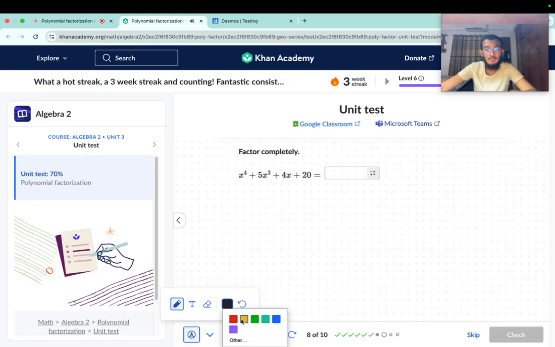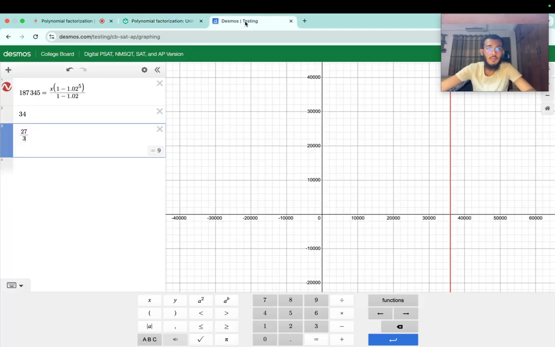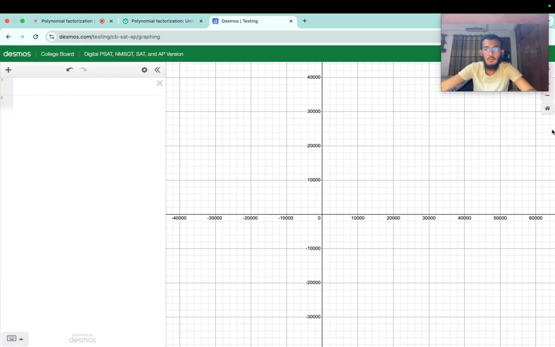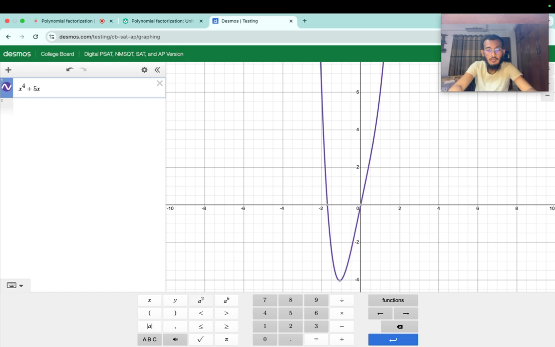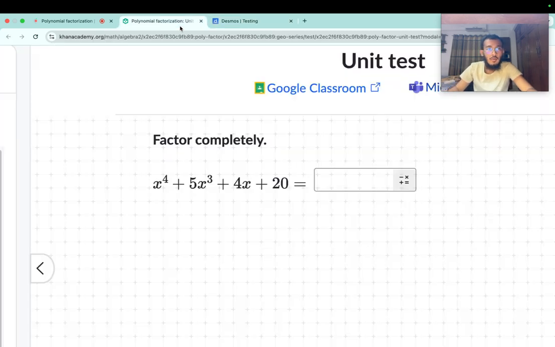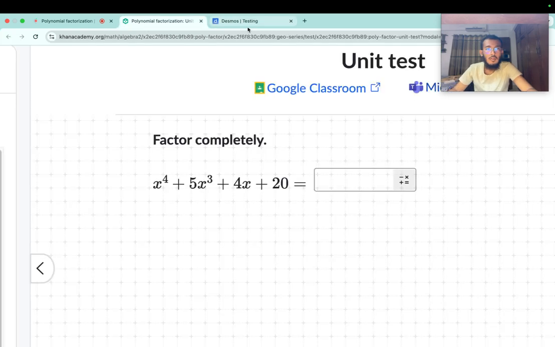All right. We have to factor this completely. X to the power 4 plus 5x cubed plus 4x plus 20.